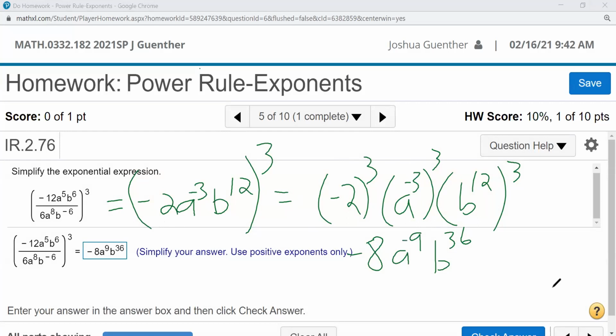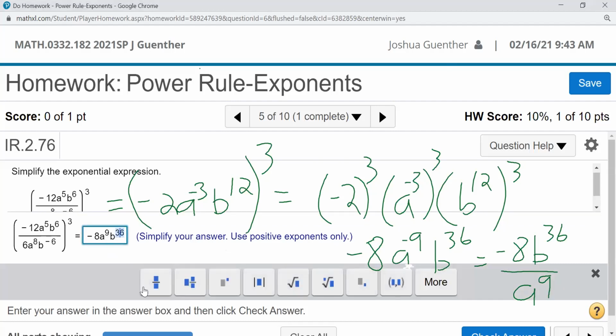And then it wants your final answer to have positive exponents. So we're going to put a to the -9th on bottom. So I literally just forgot to put the negative sign, but we had it correctly originally. My mistake. There we go.